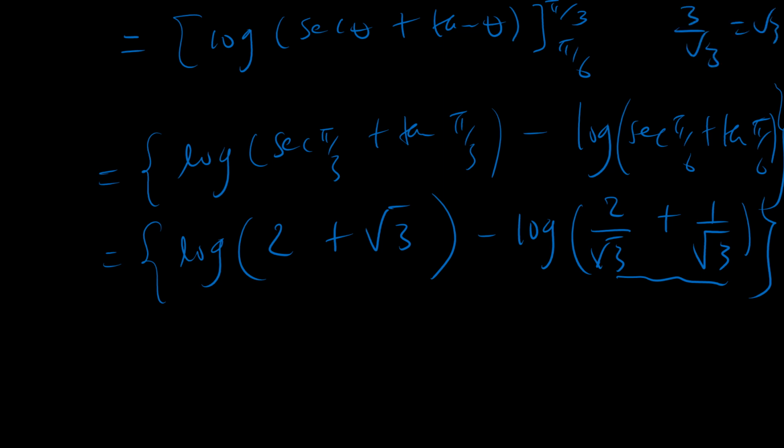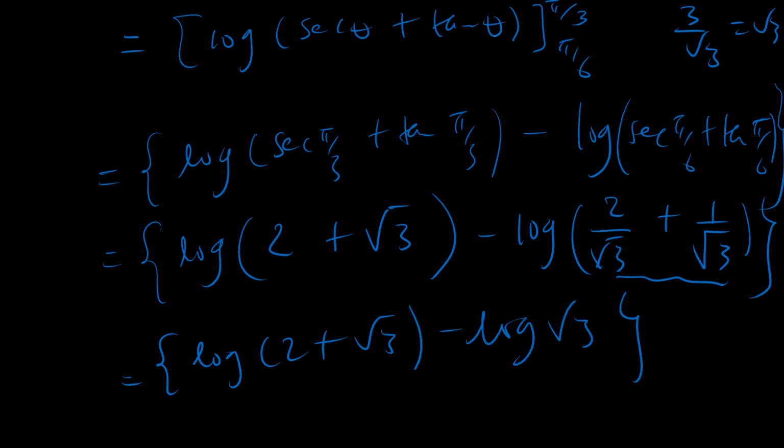So we have log of 2 plus root 3, minus log of root 3, which is equal to the natural log of 2 over root 3 plus 1. And that's the much awaited answer. Thank you.